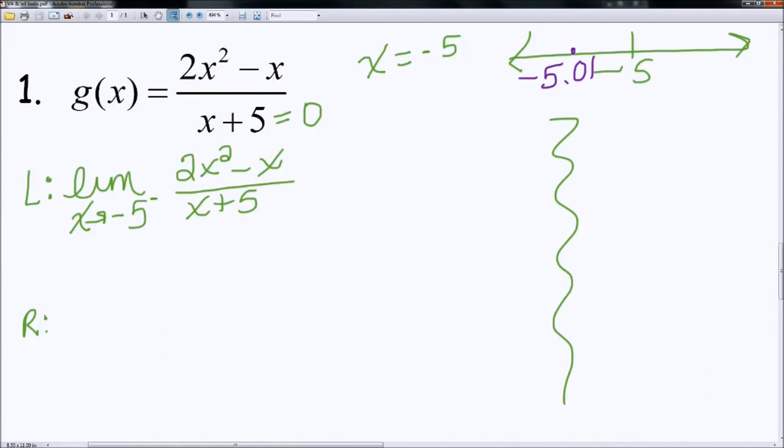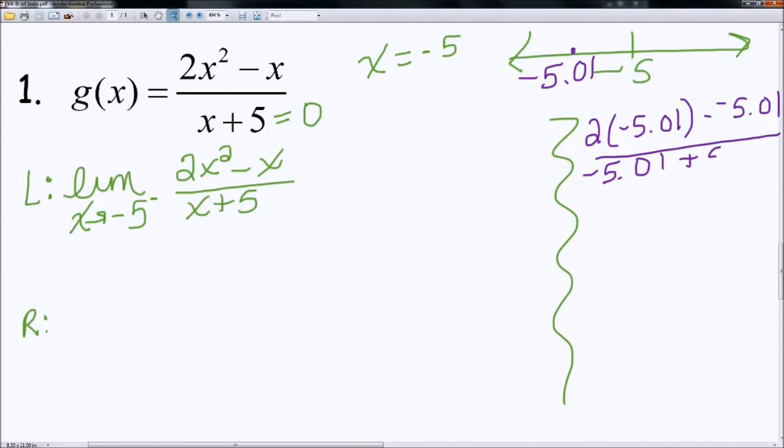I'm not concerned about the actual value that I'm going to get. I'm more concerned about the sign. Is it going to be positive or negative? And so if I plug in negative 5.01 into my x squared, I'm going to get a positive number. So I have 2 times negative 5.01 squared, minus negative 5.01, divided by negative 5.01 plus 5.